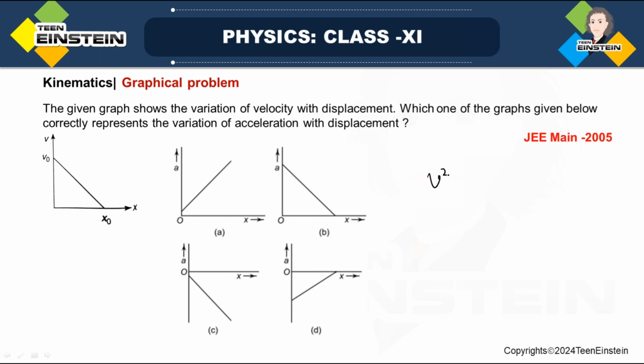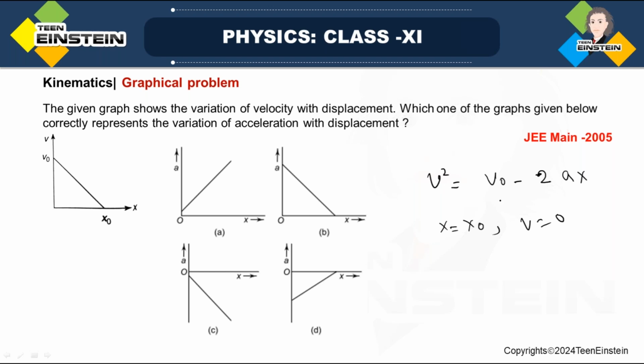So we know v square is equal to, suppose initial velocity is v0 here, v0 square minus 2ax. So when x is equal to x0, then v is equal to 0.